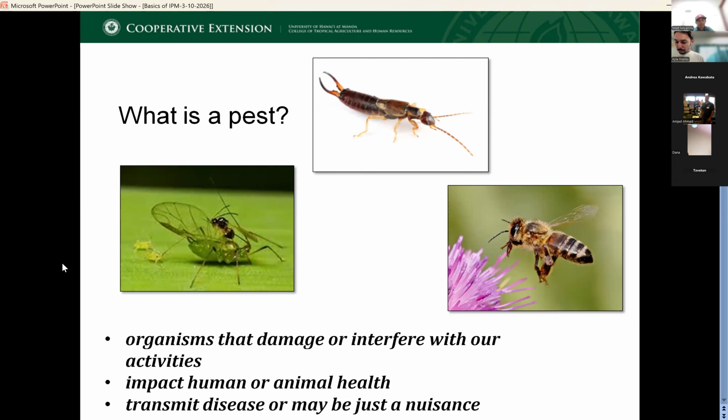But if they are in an area impacting the crop you are working with or impacting the work you will be able to perform, they become a pest also. They become an issue as well. Although we want to protect the honeybees, in that situation, they become a pest. So any insect that's in the wrong location causing issues becomes a pest.